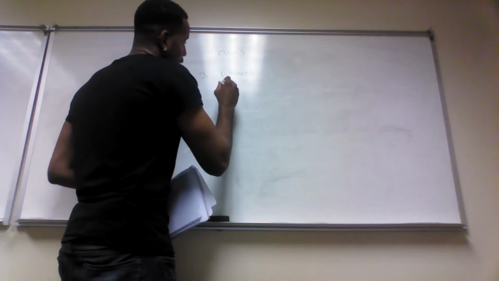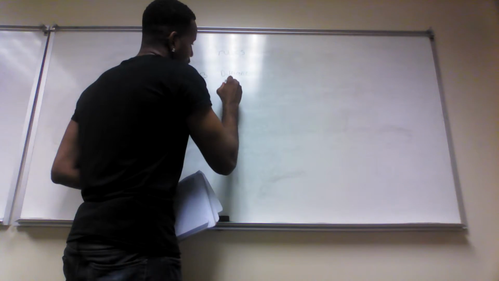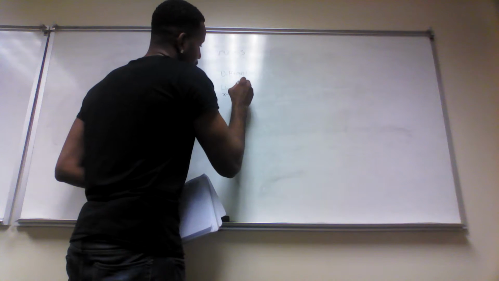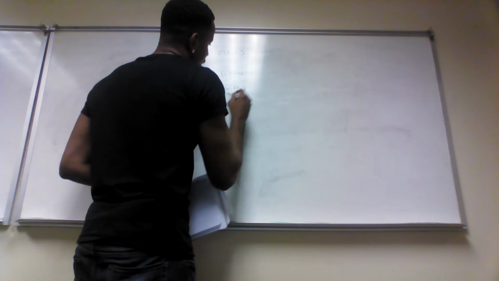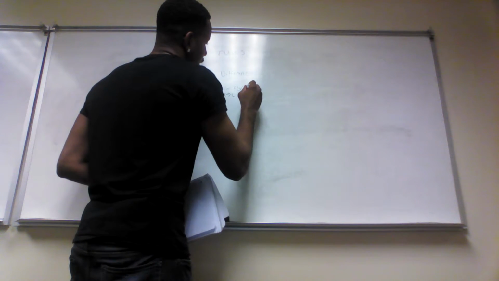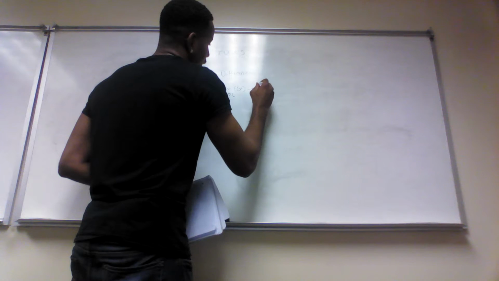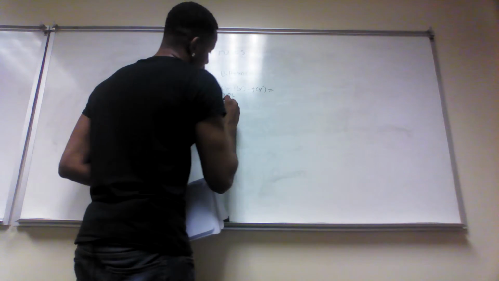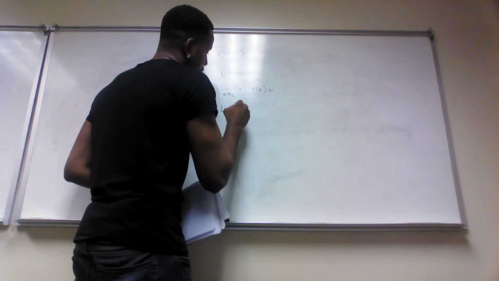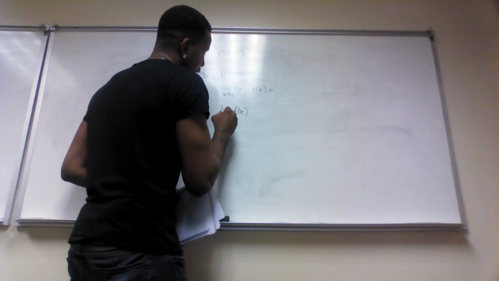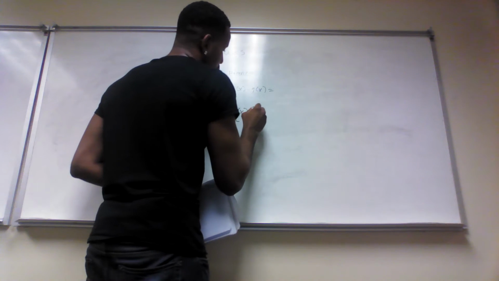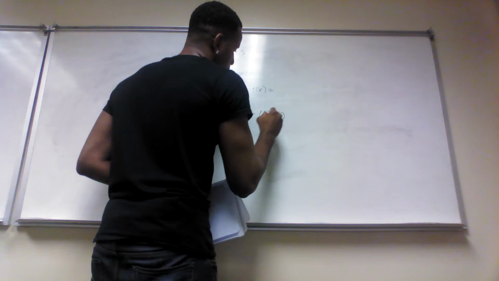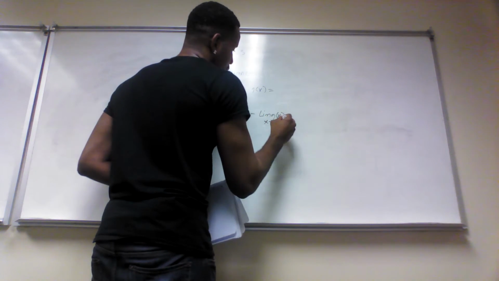It would be the same concept basically: the limit as x approaches c of f of x minus g of x would give you the limit of f of x as x approaches c minus the limit of g of x as x approaches c.